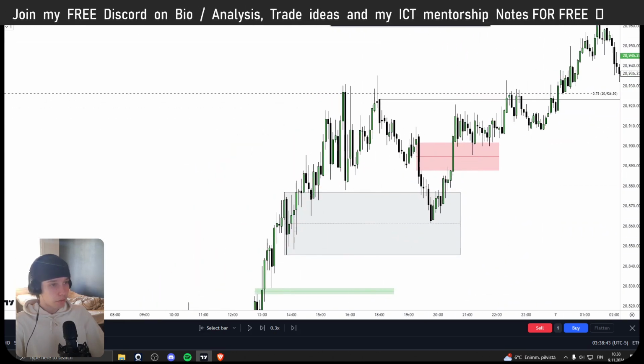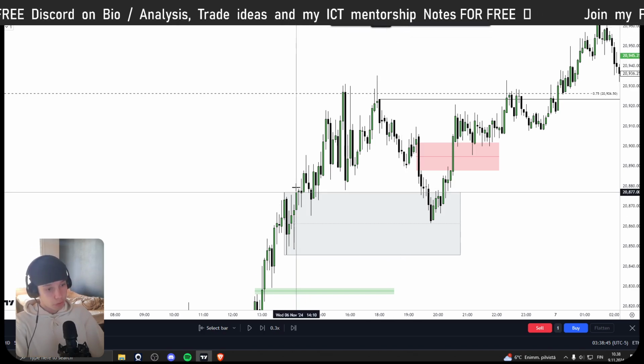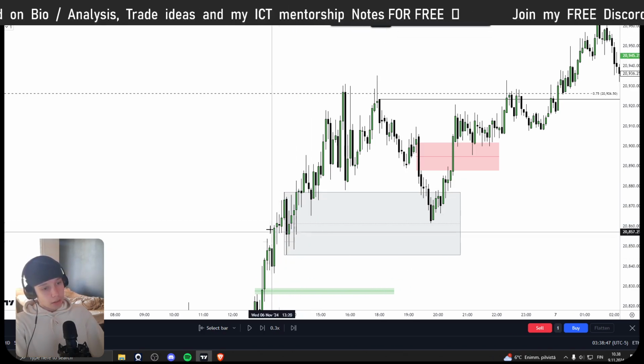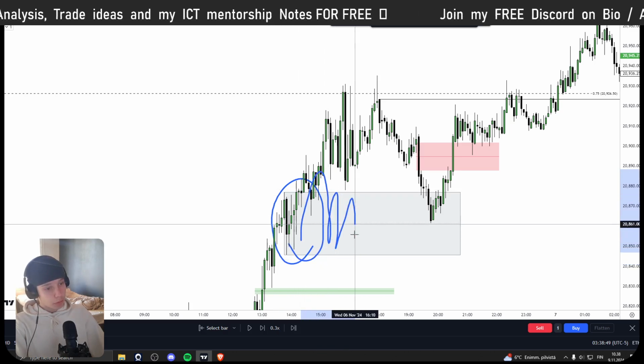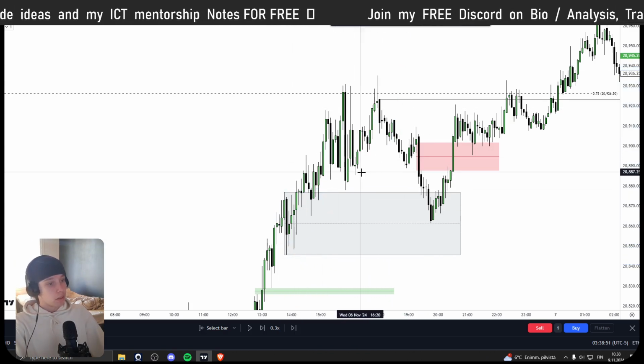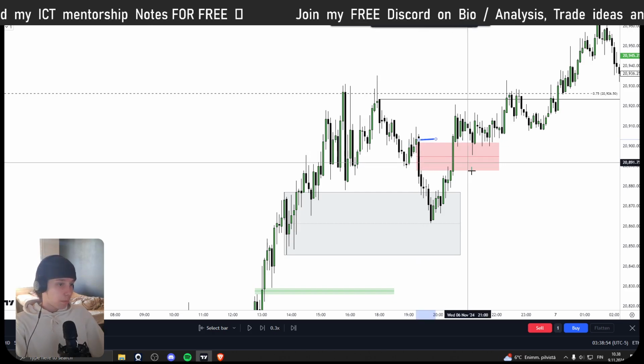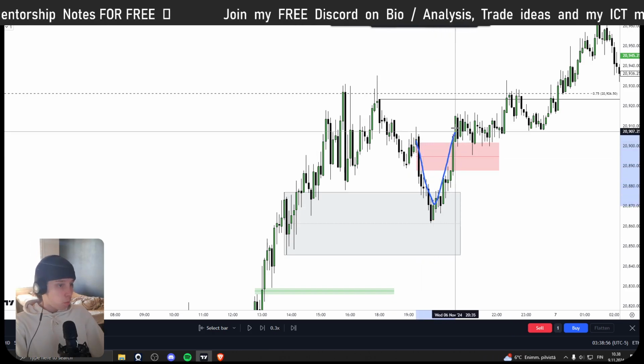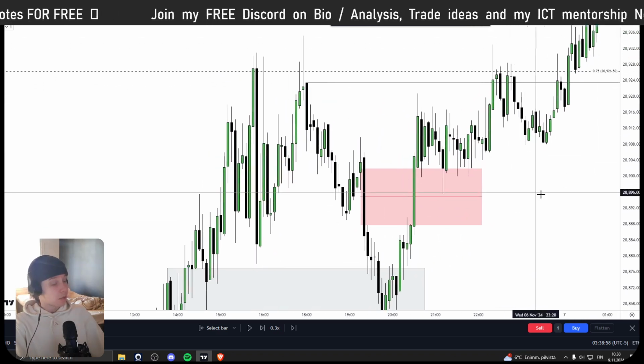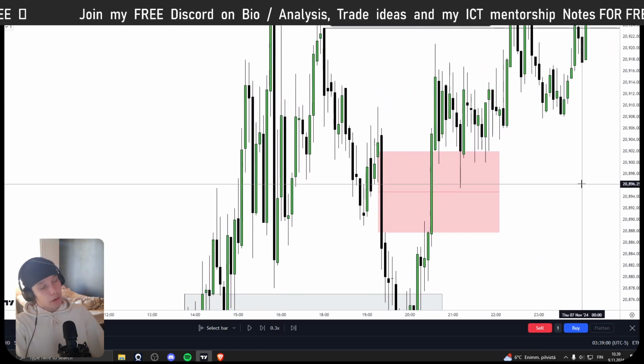As you can see, there are two types of balanced price ranges. This is the first one where you have just chop, leave the range, it's balanced. And here we have one pass down, one pass up, and this is a balanced price range as well. A different kind of one though.